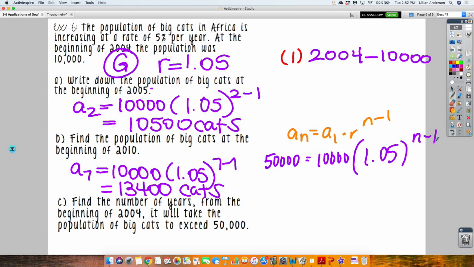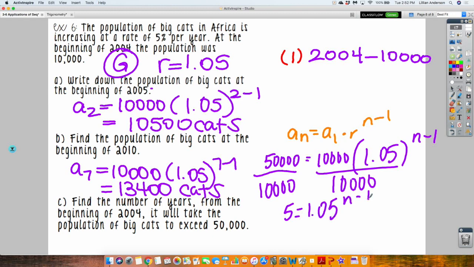I'm looking for N, just like I was looking for N in my do now, and just like we spent all Friday doing. I have to solve for N. How do I start? Divide by 10,000. What's 50,000 divided by 10,000? 5.